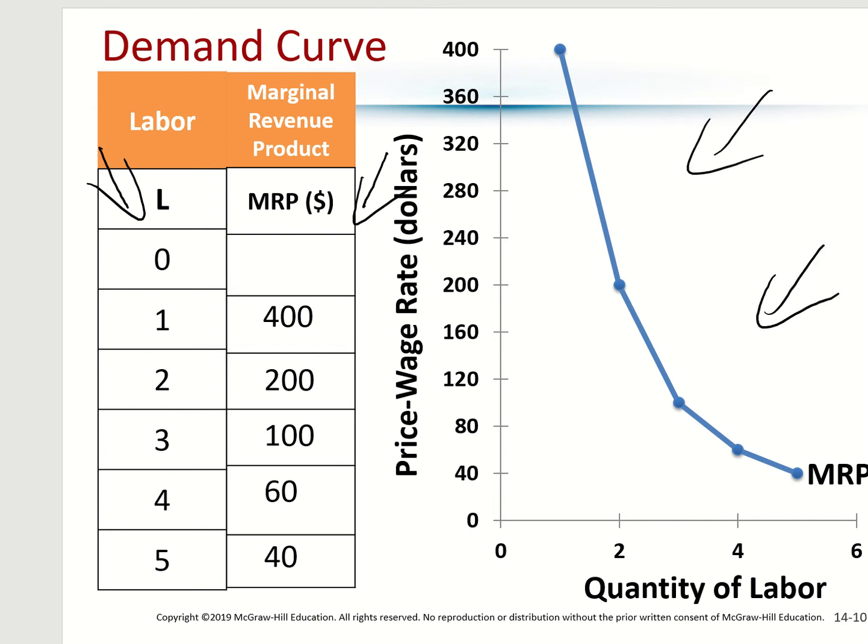Does this look like the demand curve you've seen before, something going downward sloping? So the graph of your marginal revenue product is the demand curve for resources. Again, the demand for resources is just the marginal revenue product curve. They're very similar.